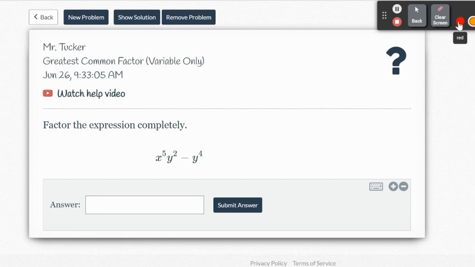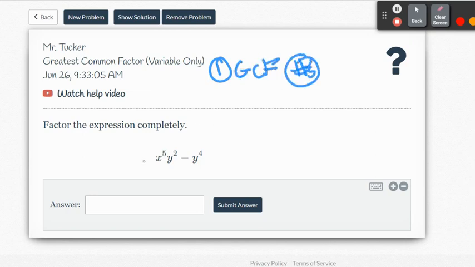Now in this example, we're going to get one more layer. Now we have two variables. The coefficient part is the first part we look at. The GCF of the numbers this time, the coefficient specifically, when I say numbers, there's just a 1 out in front and then a negative 1 here. So I'm going to say that there's just a 1. There's always something you have to factor in. In this case, it's just the number 1.